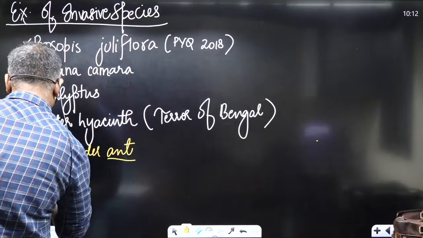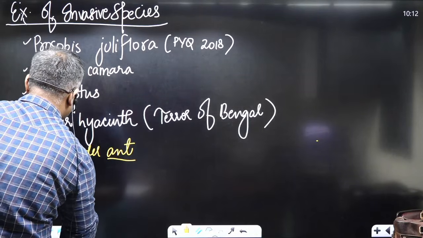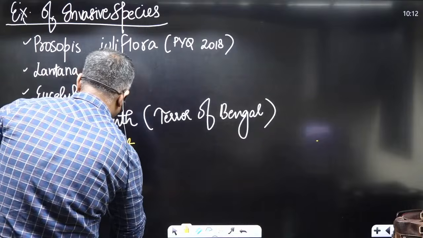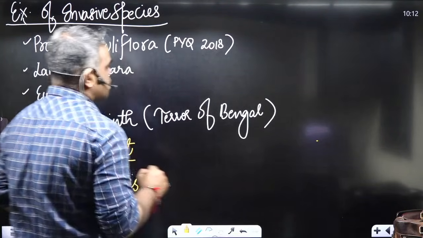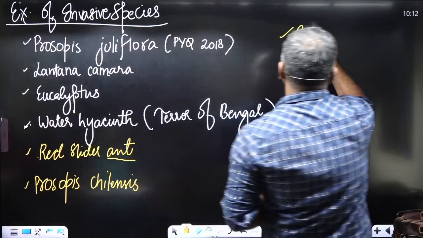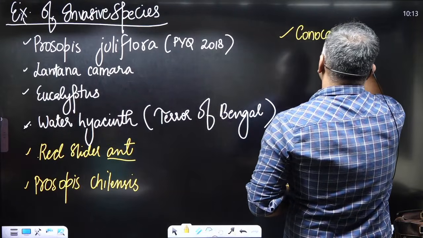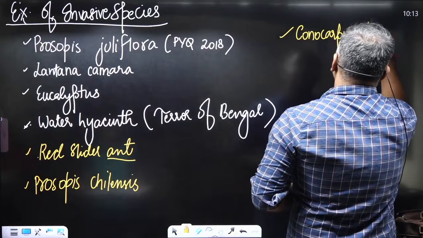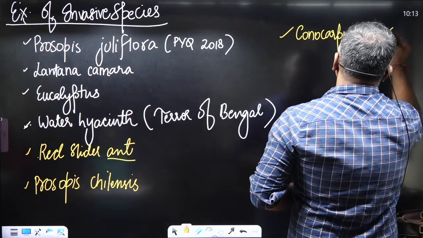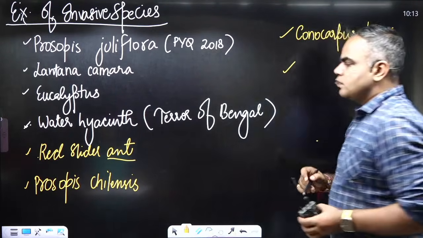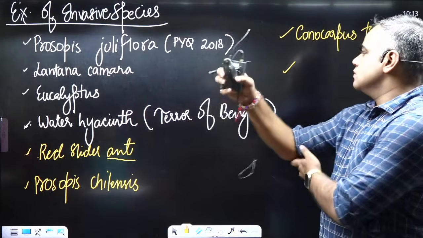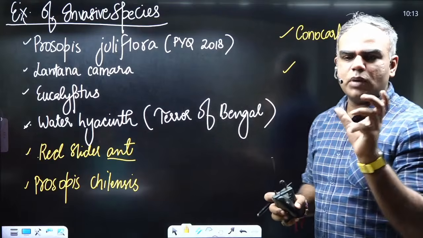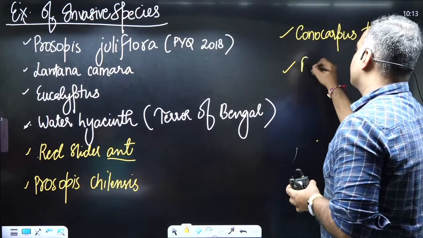Let's write some more. Prosopis chilensis. There is Conocarpus trees, for example. And for each of them, I'll give you at least something so that you can remember.